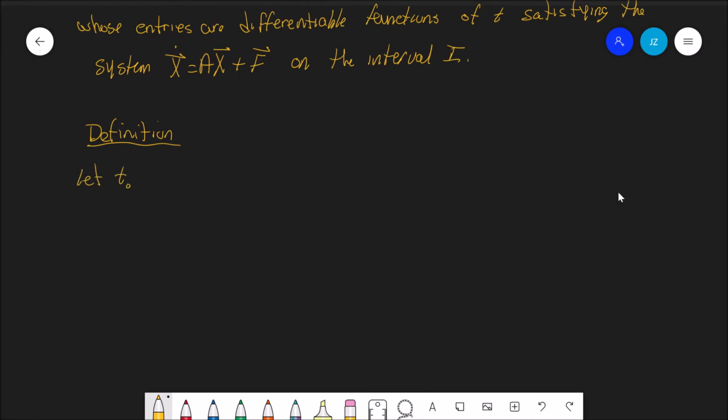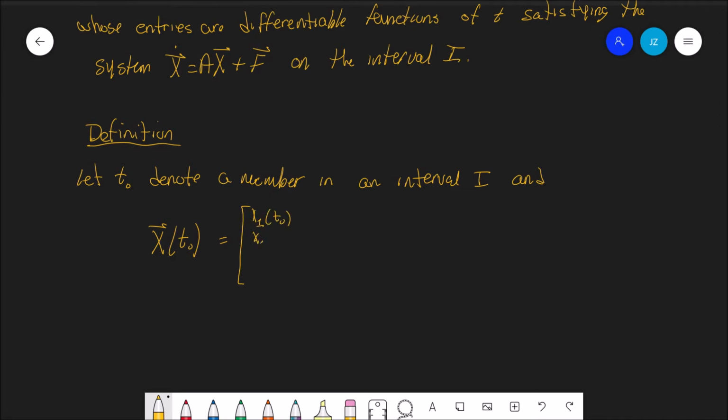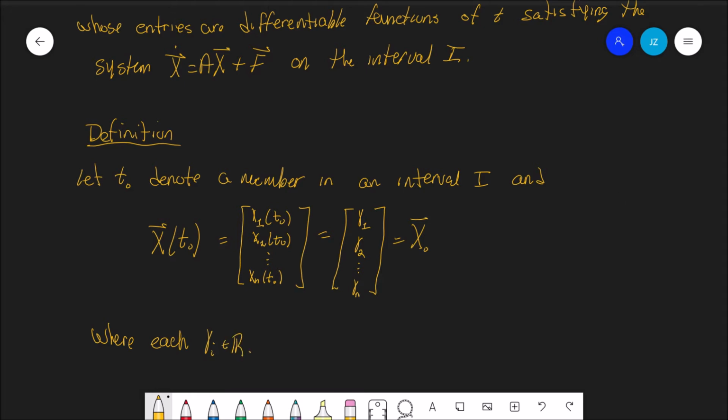So we let t naught denote a number in an interval I, and x of t naught, which equals x1 of t naught, x2 of t naught, down to xn of t naught, we shall represent as gamma 1, gamma 2, down to gamma n, which we call x naught, where each gamma i is a real number, or a constant.